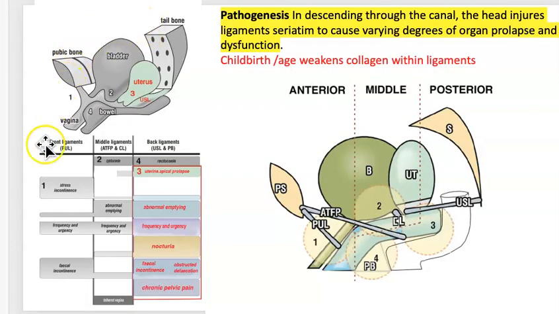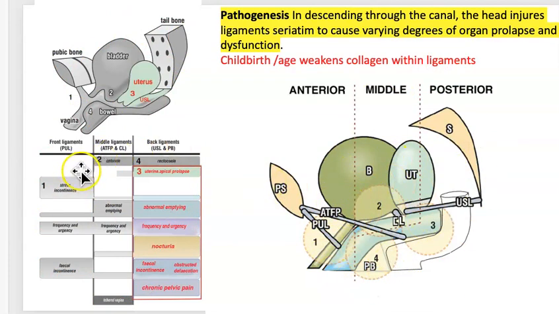Now, this is the pictorial diagnostic algorithm, and in the integral theory, the symptoms tell you which ligament has been damaged. So you know from the patient's history immediately what has been damaged. What I'm going to do is correlate this with this, which I've talked to you about.